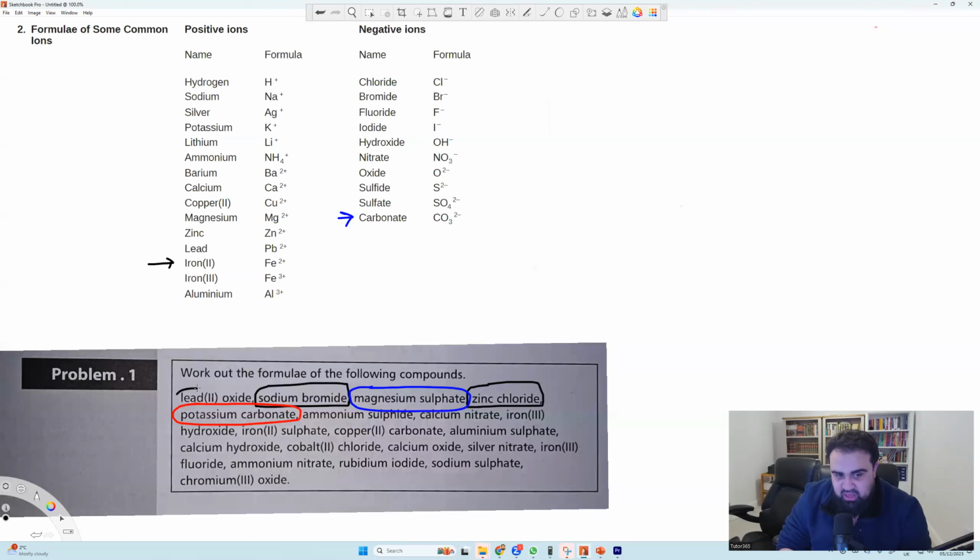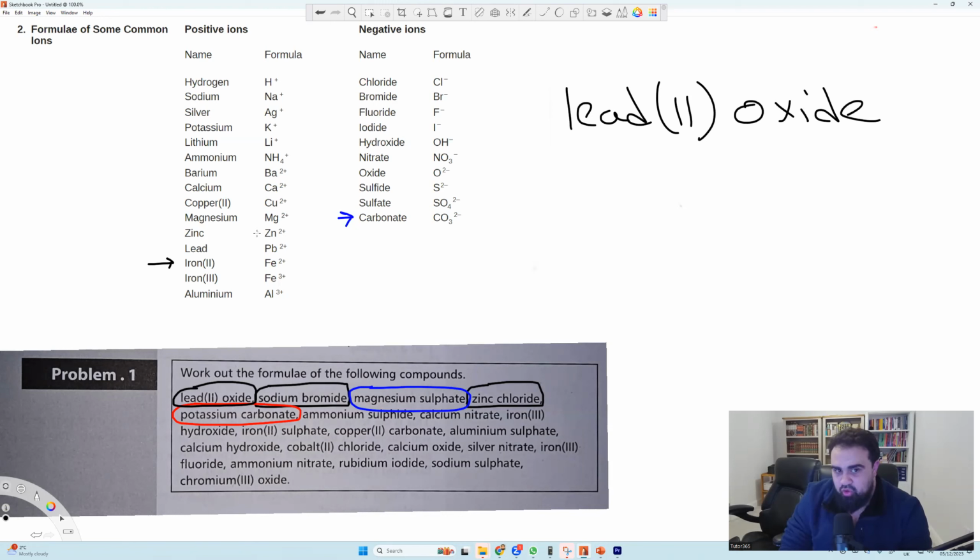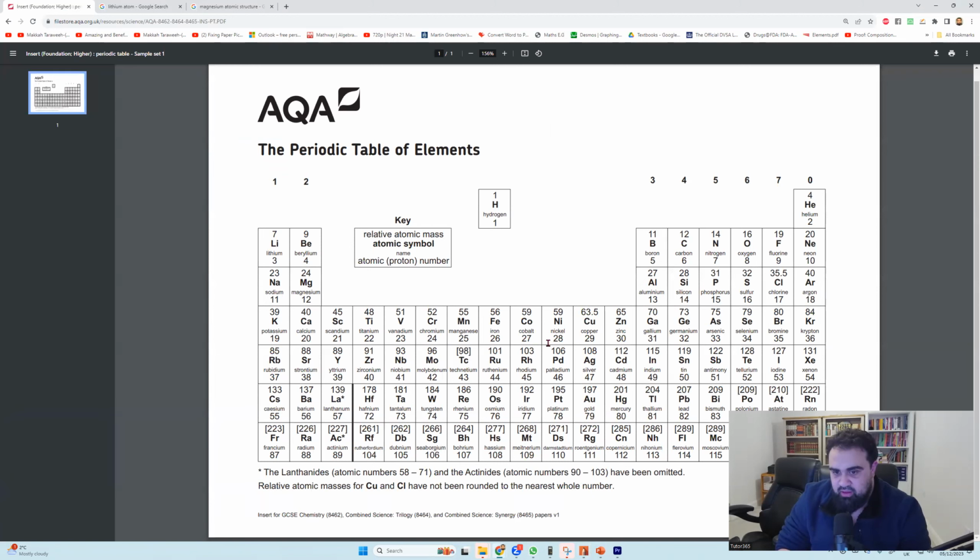So look at our first example now, lead oxide. You don't even need to look at the data sheet. You know lead, which, by the way, in the periodic table is Pb. You can look for it. I always forget where lead is. Yeah, it's right there.